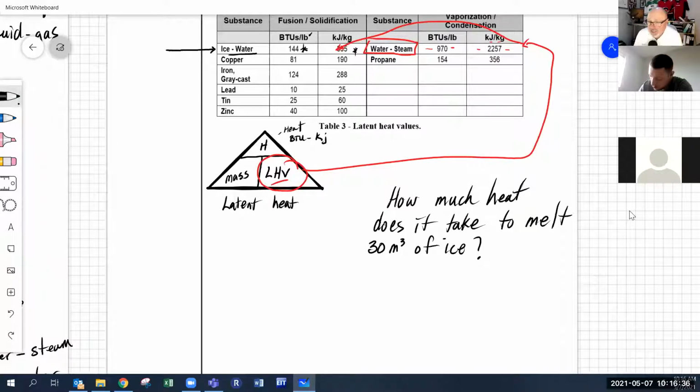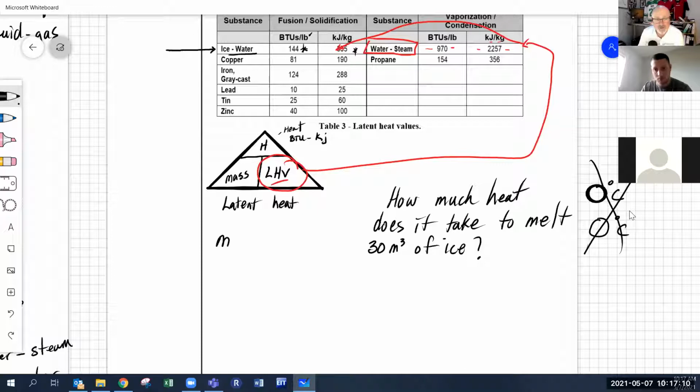Okay, how much heat does it take to melt 30 cubic meters of ice? Now, as you notice in this question, there's no temperature. I'm not counting on temperature at all. We're just melting this ice. So this ice is at 0 degrees Celsius. And when we melt it, it's going to be water at 0 degrees Celsius. There is no temperature change. This is at 0 and 0.